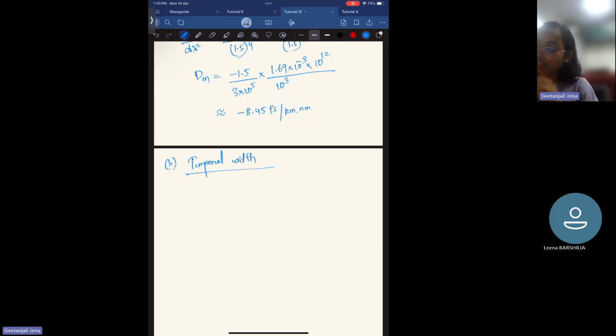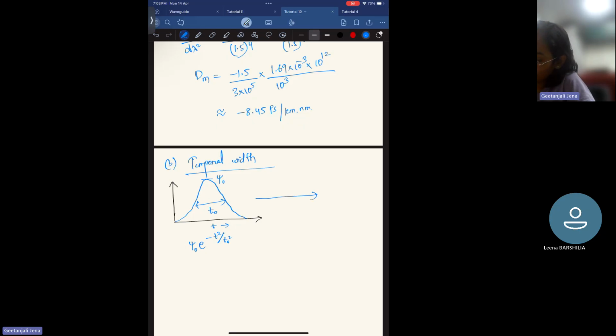We have seen in week 4 that if we have a Gaussian pulse like this, which has a width of t0 and maximum psi 0, of the form psi 0 e to the minus t square by t0 square.